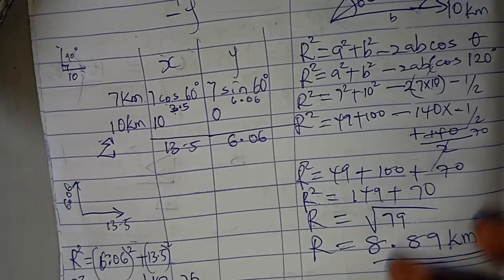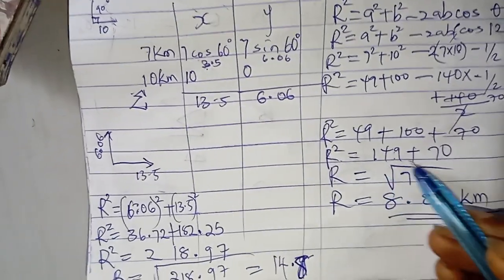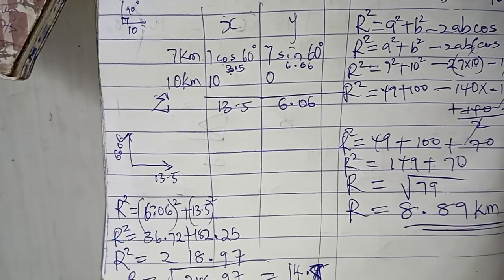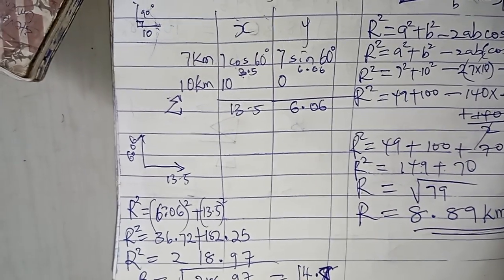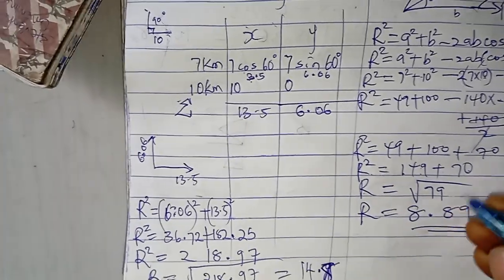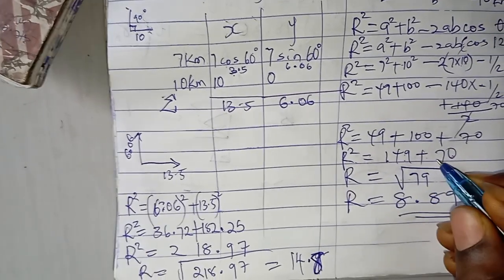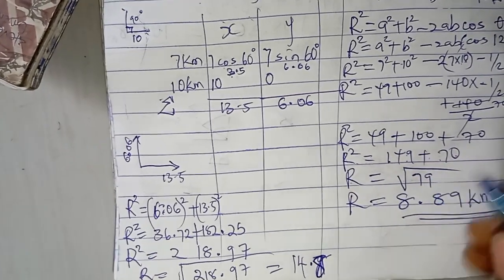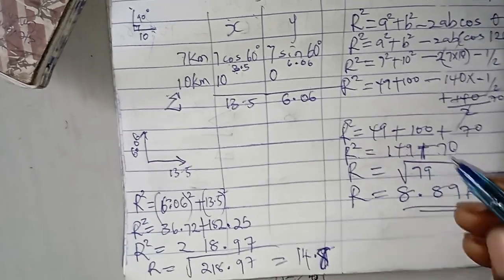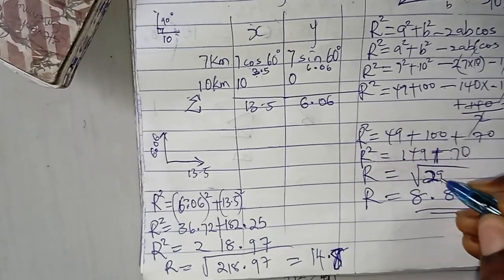Okay, so what we did here is a technical error. Notice that here we did 149 plus 70, and this is not 79. 149 plus 70 is not 7. We did 149 minus 70 instead of plus. This is plus, and this should give us 219.